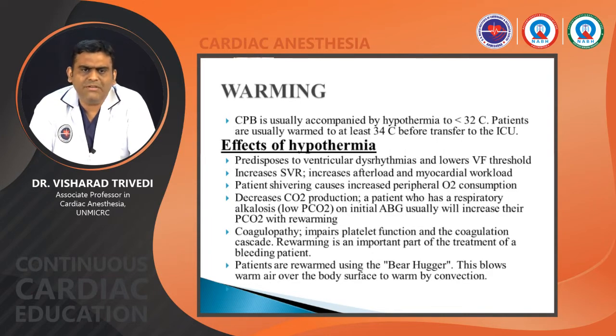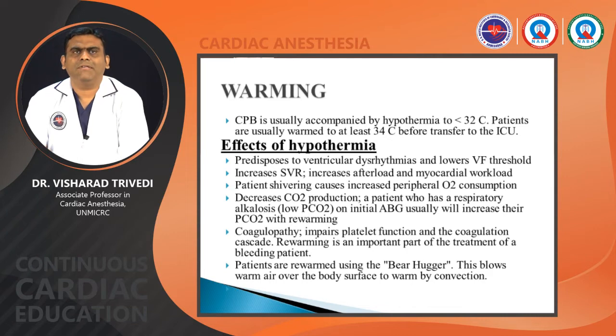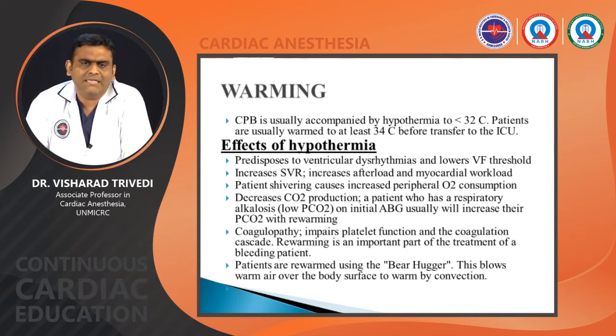The next thing you should consider is the warming of the patient. If the patient has surgery on cardiopulmonary bypass, the bypass usually involves hypothermia of less than 32 degrees centigrade, and at the time of coming off bypass rewarming is done.